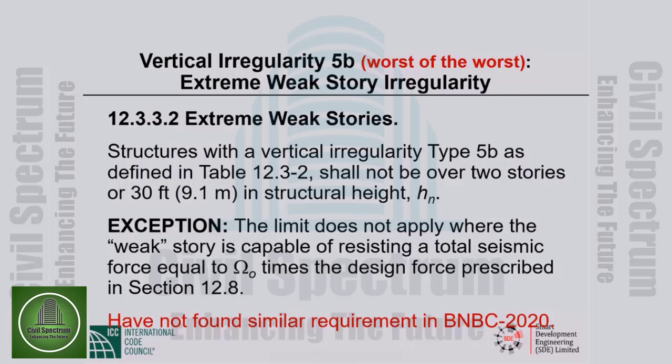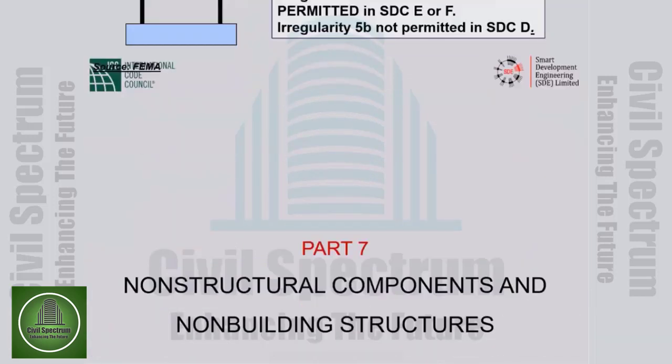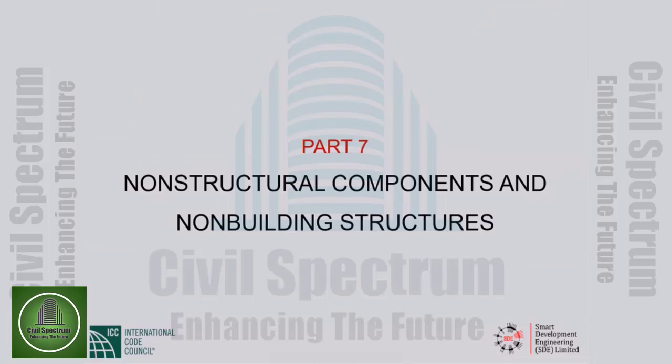I have not found a similar requirement in BNBC 2020. This is the FEMA picture of the 5B irregularity, which tells you the same story in a slightly different way, and I need not repeat. So this is now quarter after the hour.